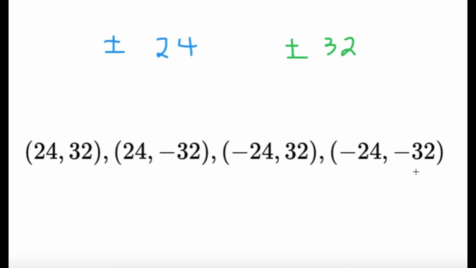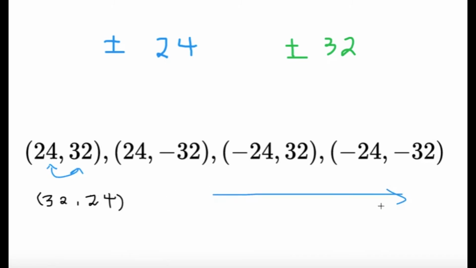So these are points on the circle, and again, lattice points because they have integer coordinates. Now, we have 4 here, but don't forget, we can easily switch those two values. So for example, we could have 32, 24, simply switching the 24 and the 32, and we can do the same for the rest. So in total here, we have 8 possible cases.